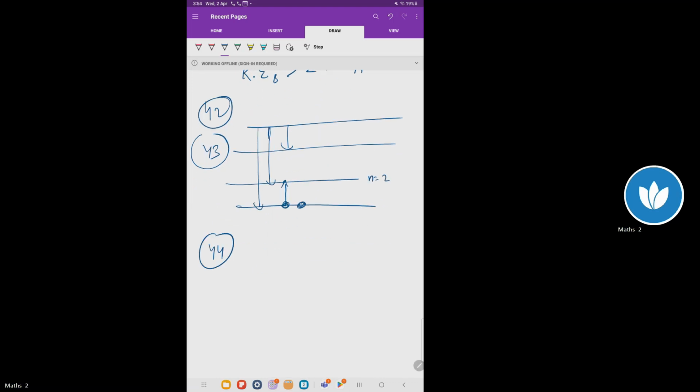44. In a photoelectric experiment, for C and B saturation current is constant, so intensities are the same. And for A and B stopping potential is the same.